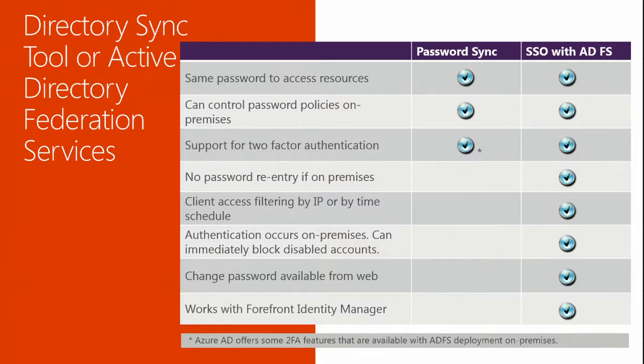So, some things that you can't do with password sync. No password re-entry if on-premises. With single sign-on on-premises, if you log on to your Windows PC at the start of the day, you get single sign-on to all your different systems. This can also work with Office 365, but not if you're using password sync.